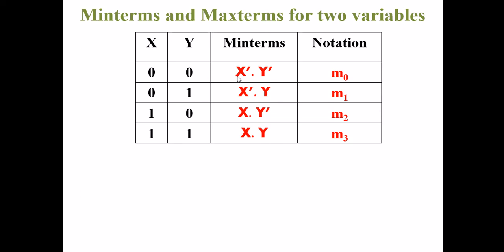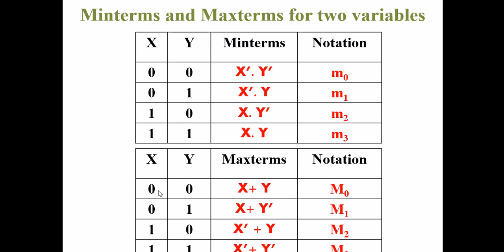Here 00 is x complement y complement, 01 is x complement y, 10 is x y complement, and for 11 it will be x y. So x complement y complement will be represented as m0, and in the same way x y will be represented as m3.